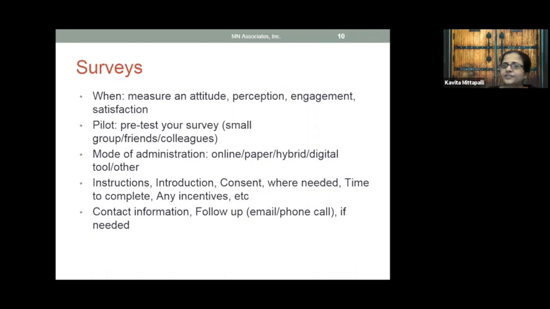How long did it take you to complete the survey? And do you want any changes to be made to the survey? Basically, you want to know how reliable that tool is. Is the survey asking the questions that it is supposed to ask? And what is your level of interaction with that survey? So I would highly, highly recommend, if you have an opportunity, before launching that big survey out to say 500 people, look for a way to pilot your survey.